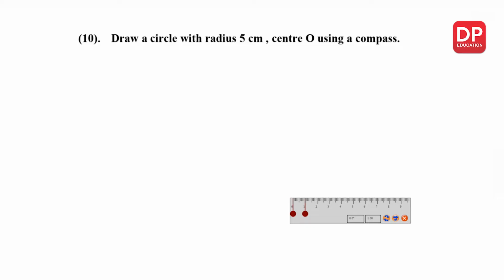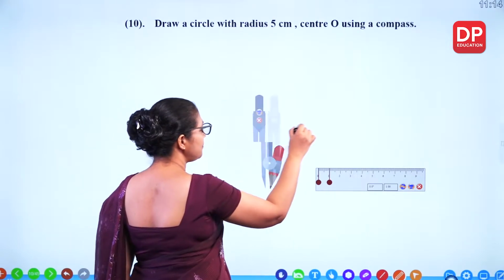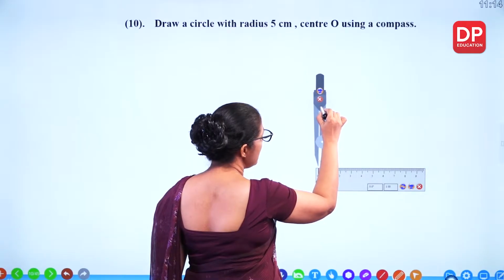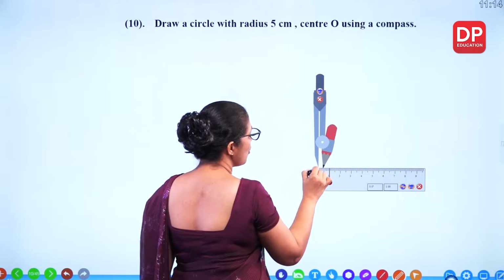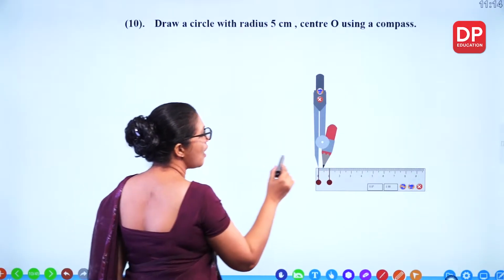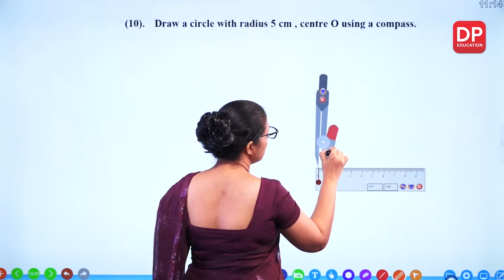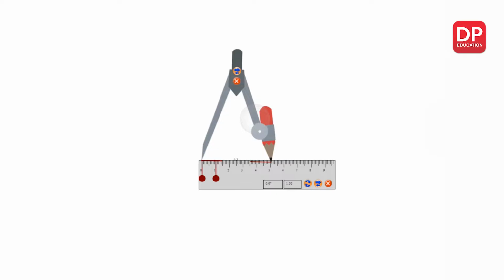Draw a circle with radius 5 centimeters with center O. Take the compass again. Now measure 5 centimeters. So make sure that you keep the compass on top of the point O. And now we can measure 5 centimeter length.